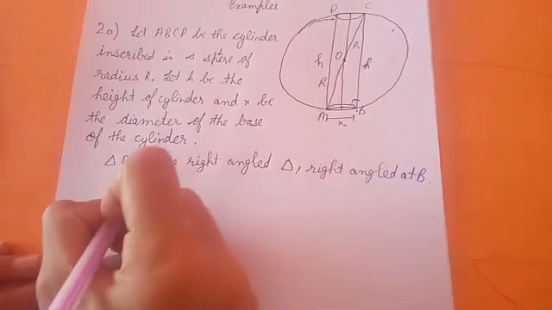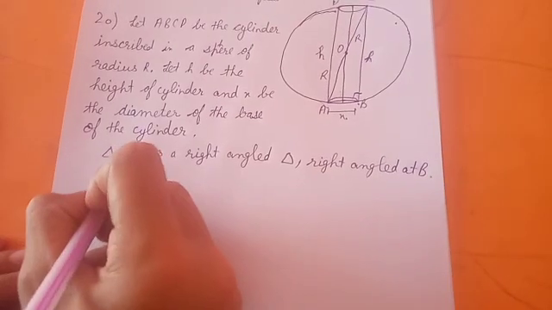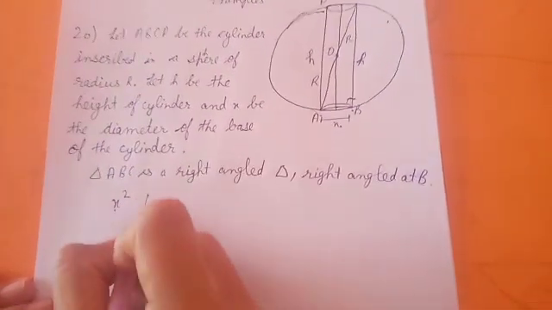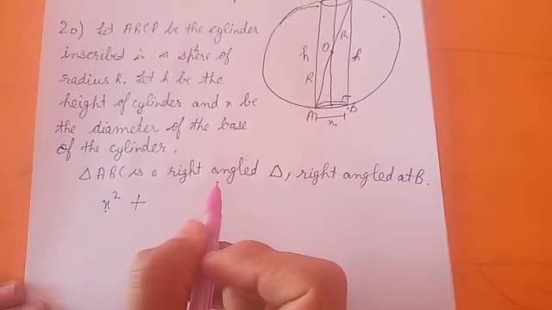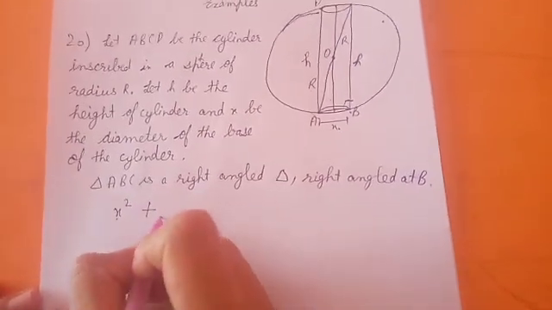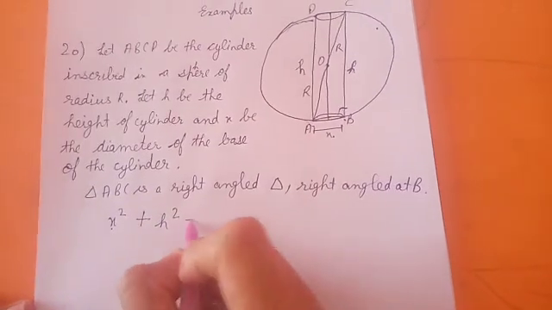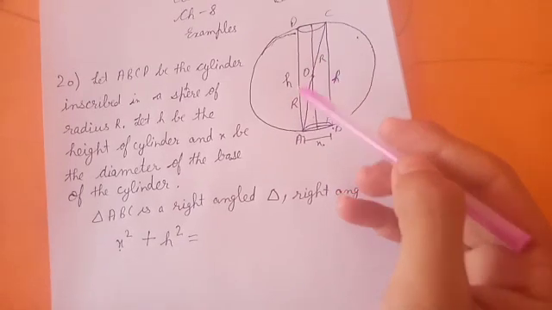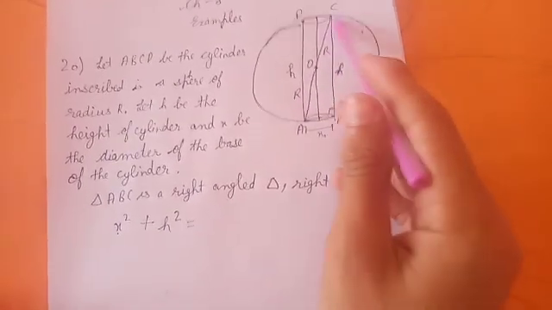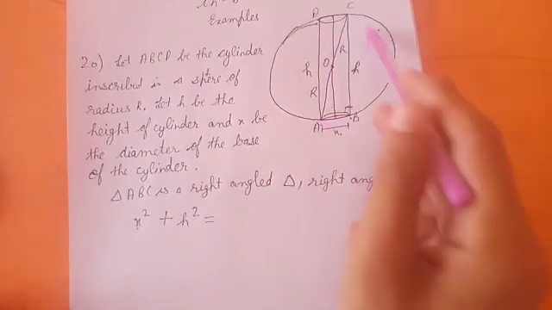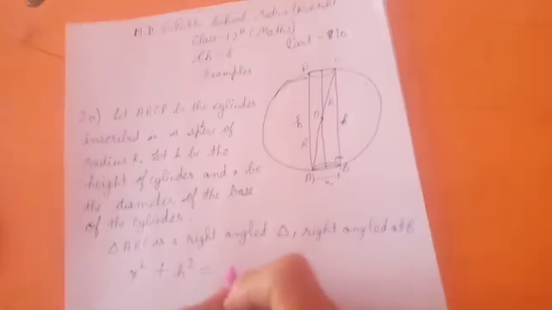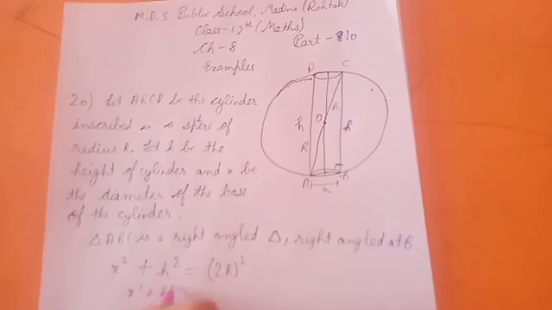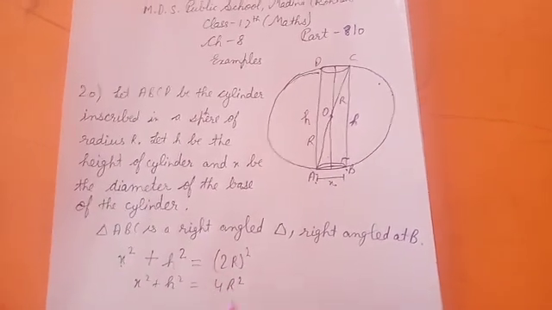Therefore, using Pythagoras theorem, base is x, square of x, plus perpendicular square, h square, is equal to hypotenuse square. What is our hypotenuse? Hypotenuse is 2r. This distance is r, this is r, so all is 2r, so 2r square. That means x square plus h square is equal to 4r square.